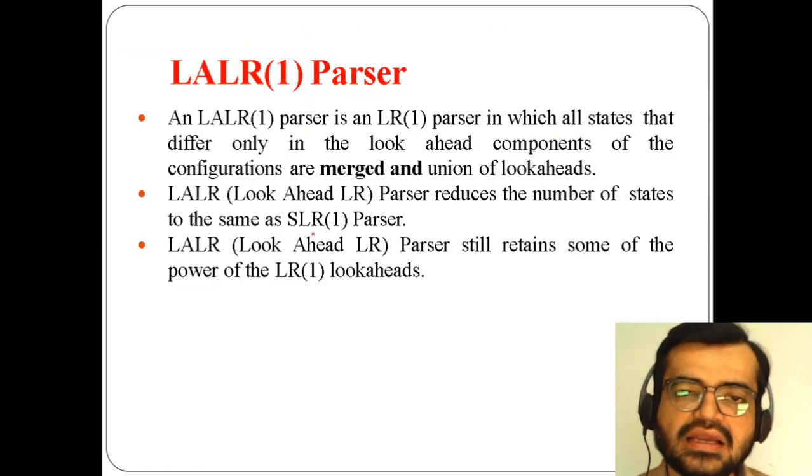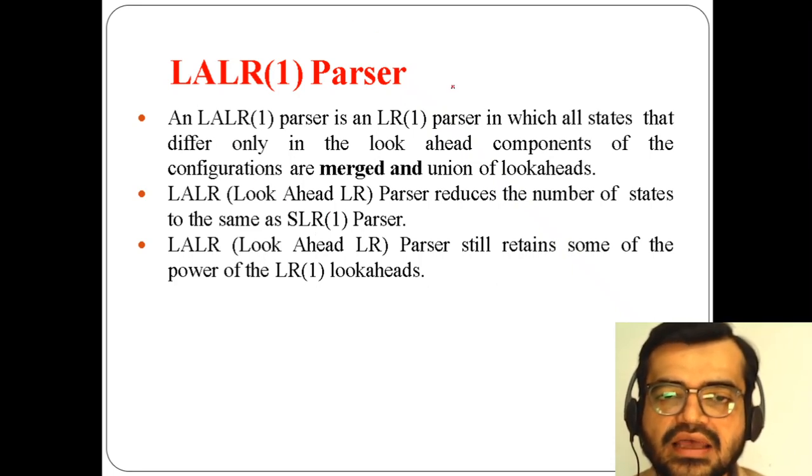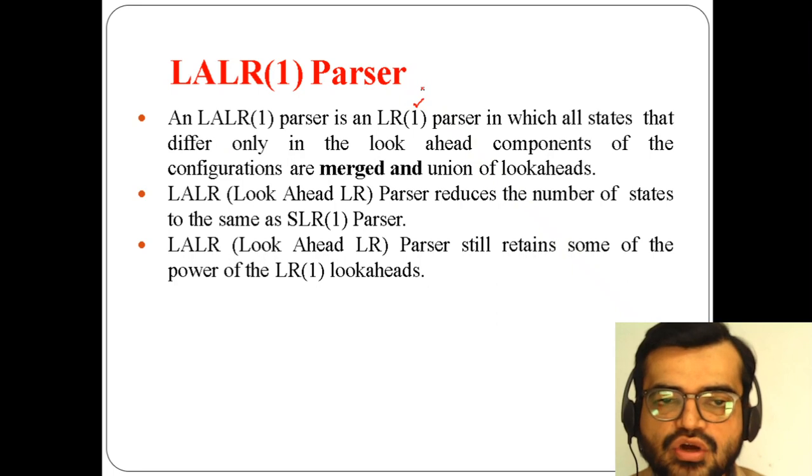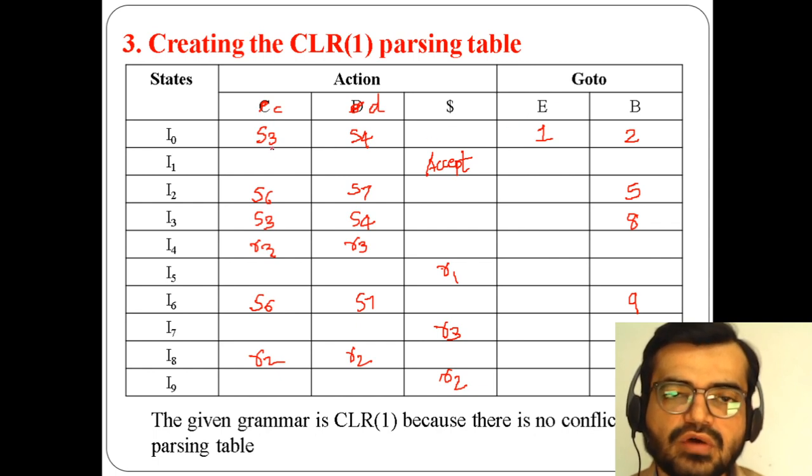Next is about the LALR parser. LALR is again also a LR of one parser. There is a small difference. In CLR of one, the problem is that it uses more number of states.